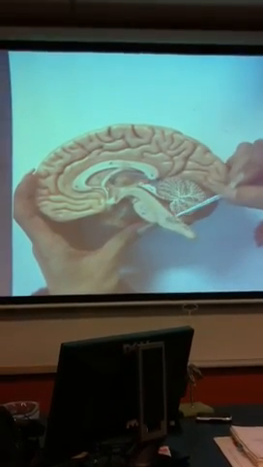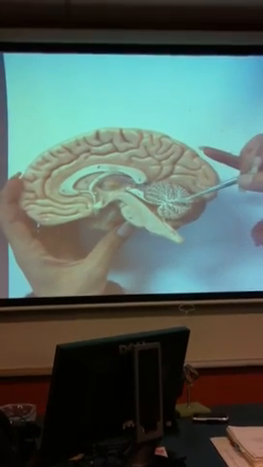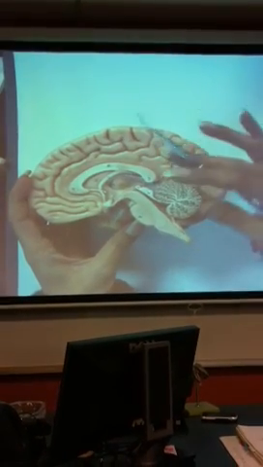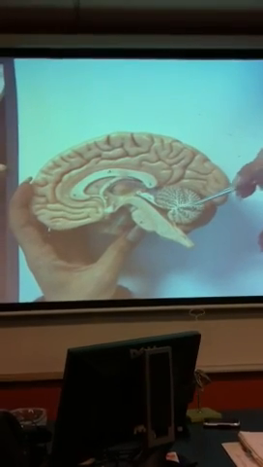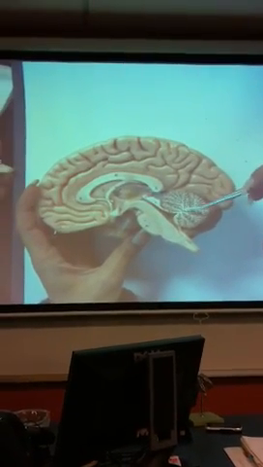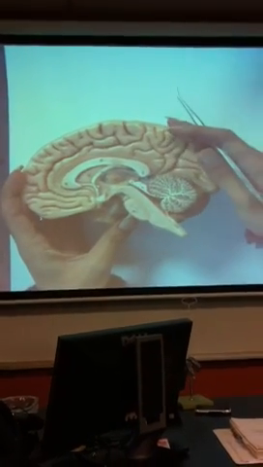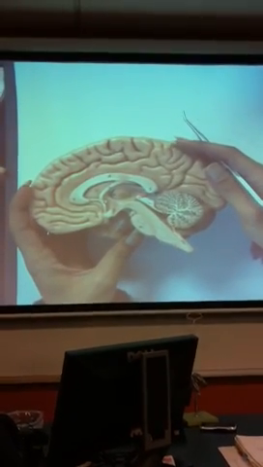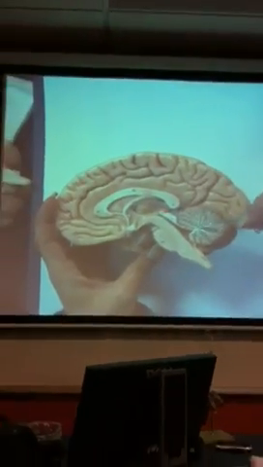Pons, medulla oblongata. Now there's gray matter and white matter throughout the entire brain. And in the cerebellum, the white matter is known as arbor vitae. And that's all of these white branches here. Arbor vitae means the tree of life.